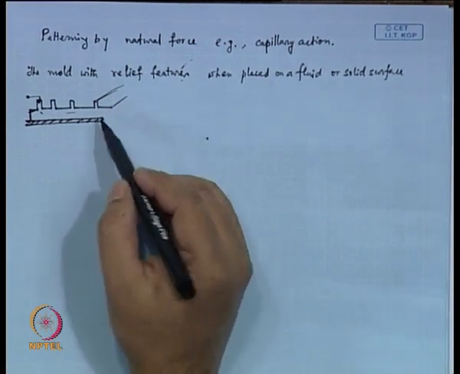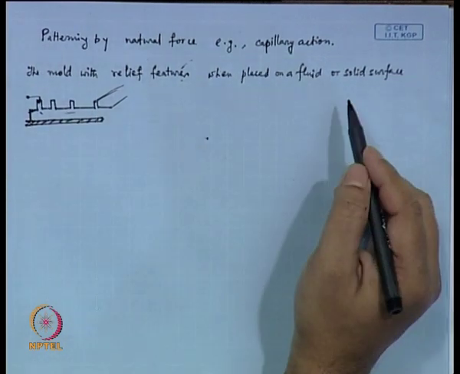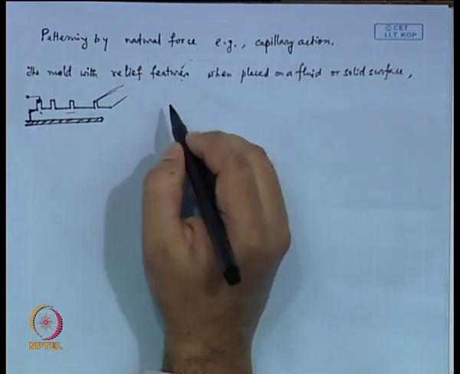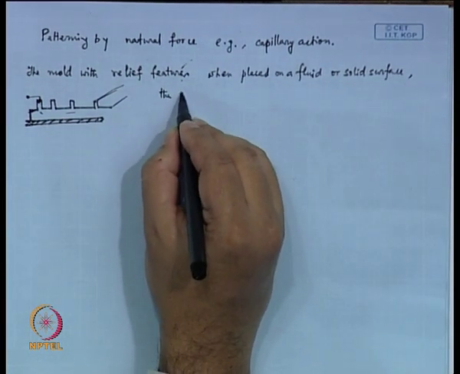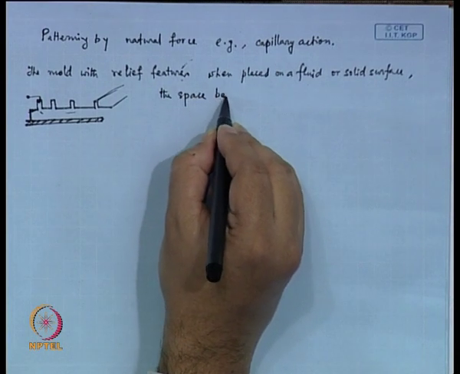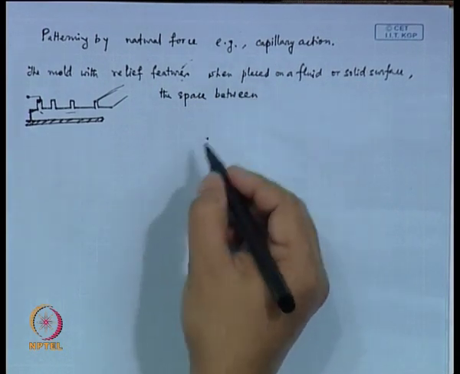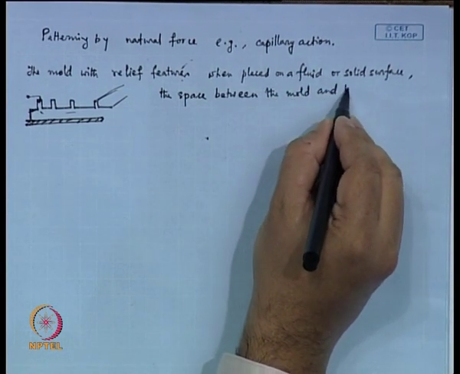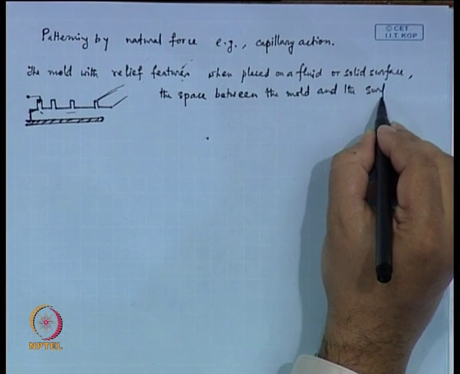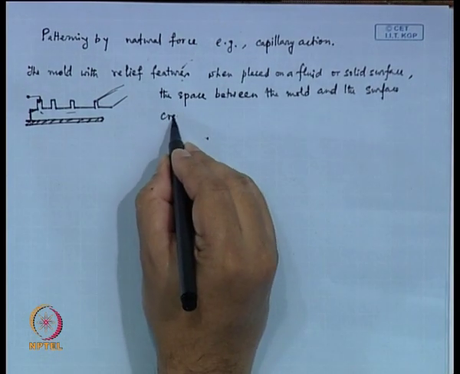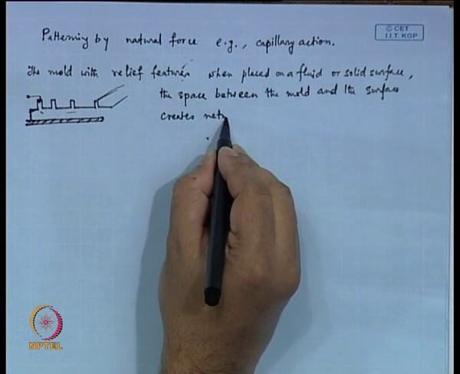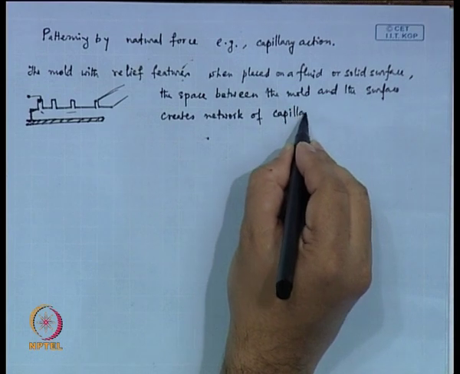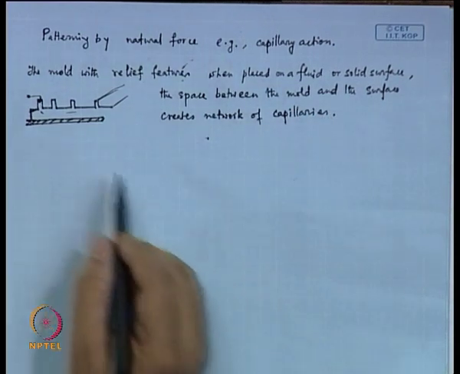So, the mold with relief features, when placed on a fluid or solid surface, the space between the mold and the surface creates a network of capillaries. Network of capillaries.